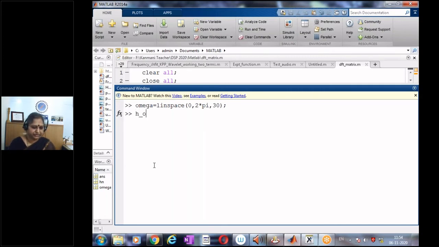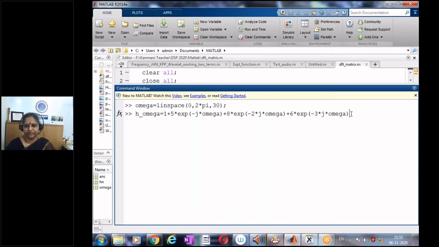And now my H of omega is given by 1 plus 5 into e to the power of minus j omega plus 8 e to the power of minus 2j omega plus 6 e to the power of minus 3j omega.